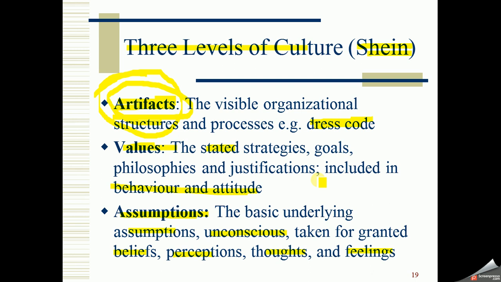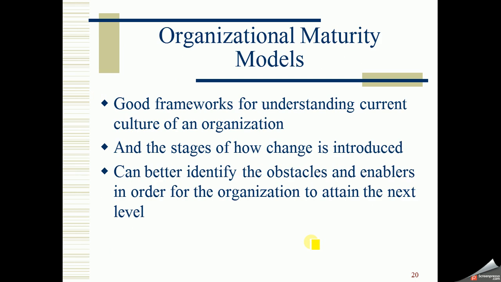We all know that we should be kind and polite with other people. So these are the basic assumptions, right? So we assume that everybody follows these guidelines or standards, right? So these are three levels of every culture.